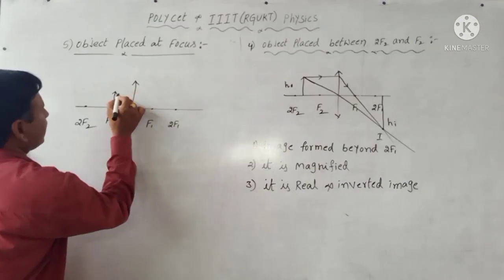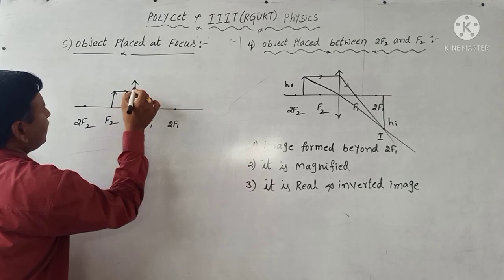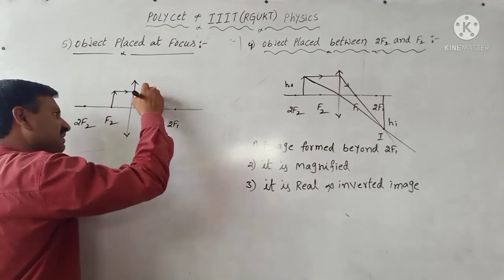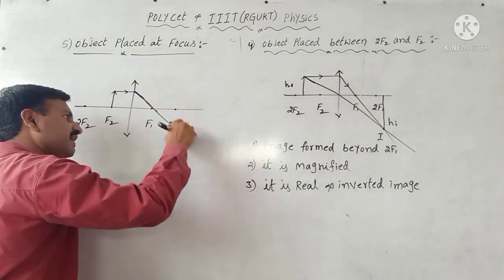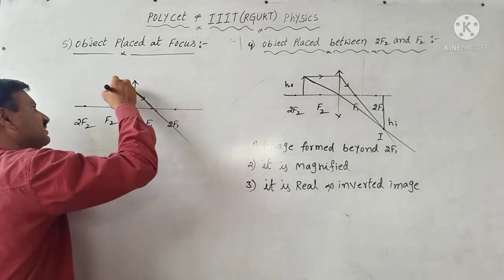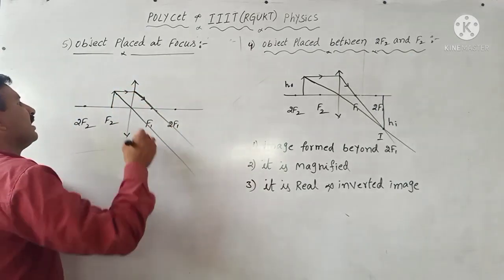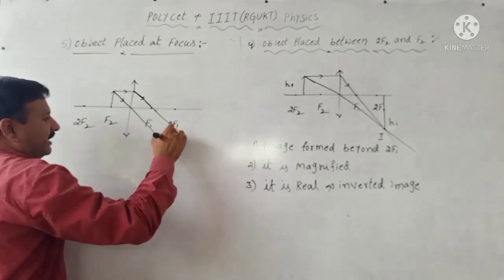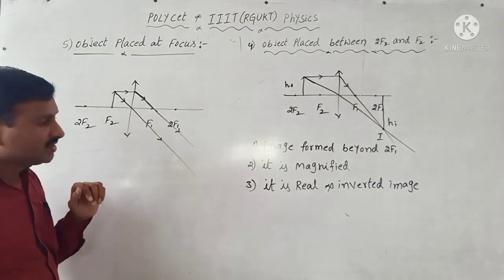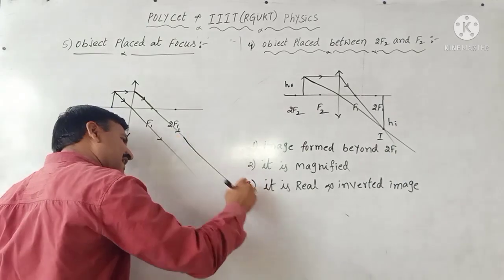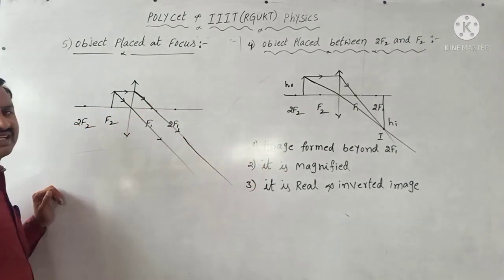First, a ray passing parallel to the principal axis, after refraction, passes through the focus. Second, a ray passing through the optic center is undeviated. So these two light rays meet at infinity distance.